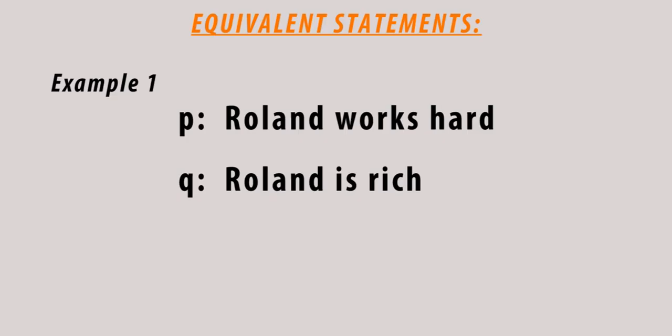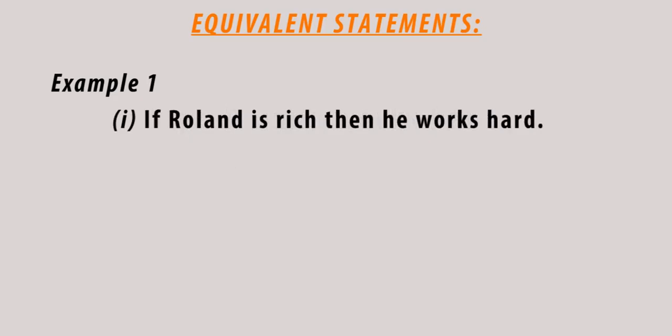Now let's look at the implication. If Roland works hard, then Roland is rich. If P implies Q, which of the following statements are valid? I, if Roland is rich, then he works hard.